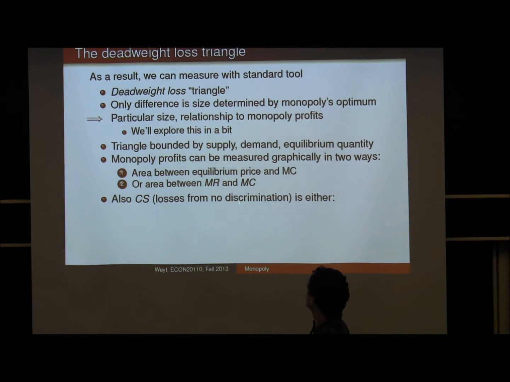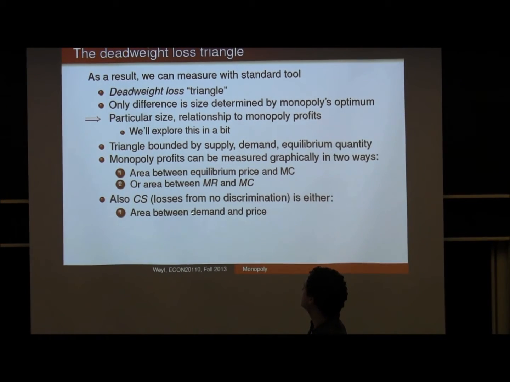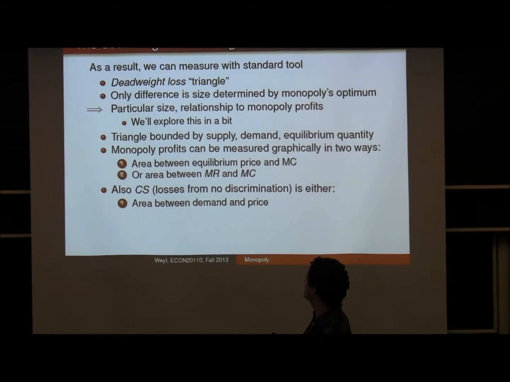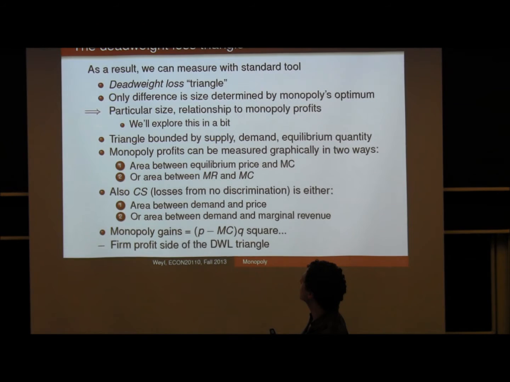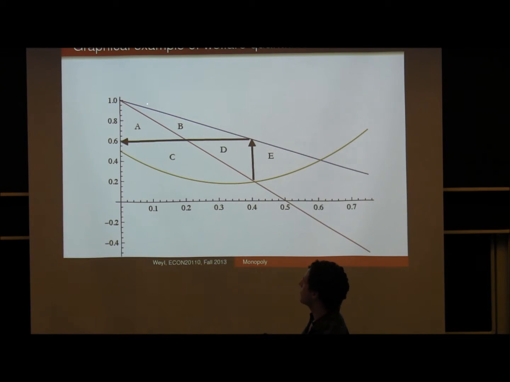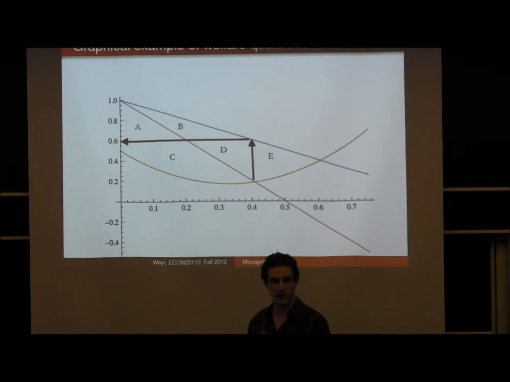We can also measure consumer surplus as the area between demand and price. That's the way we usually measure it. That's A plus B up here, right? But you can also measure it as the area between demand and the marginal revenue curve, because remember that the difference between demand and marginal revenue is the marginal surplus of those consumers.